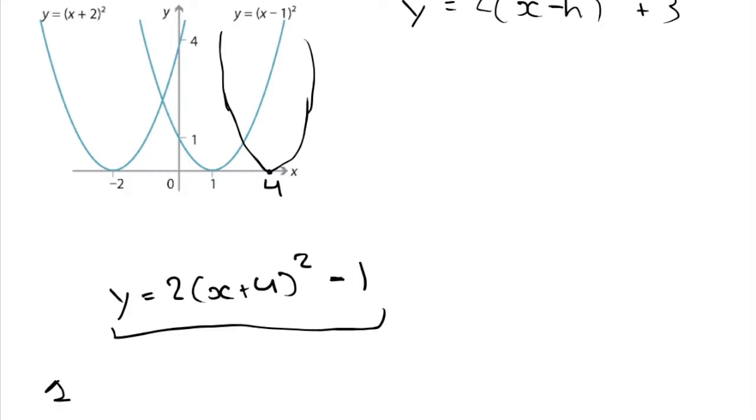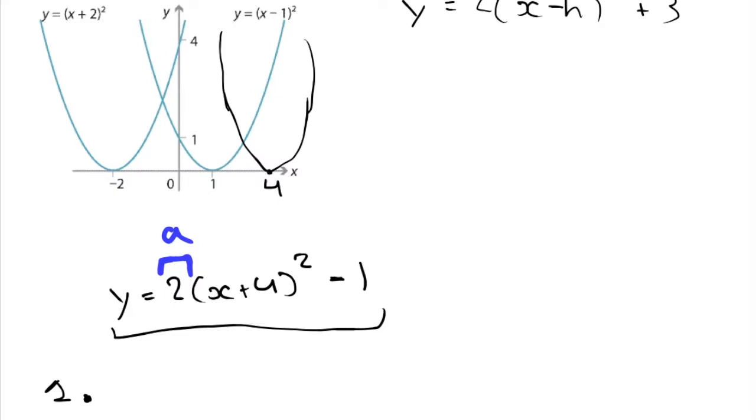Well, first off, we need to start by writing whether it was vertically stretched or vertically compressed. This basically means, in this case the a value is 2. If the a value was a fraction, it would vertically compress it, and if the a value was a number greater than 1, it would stretch it, right?